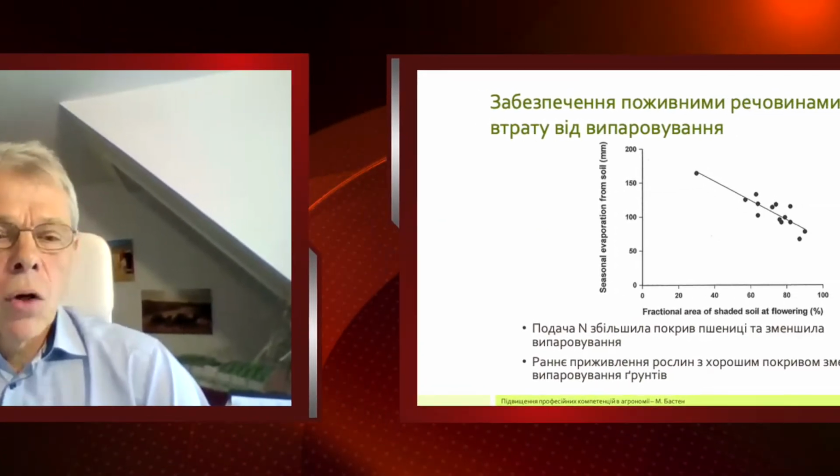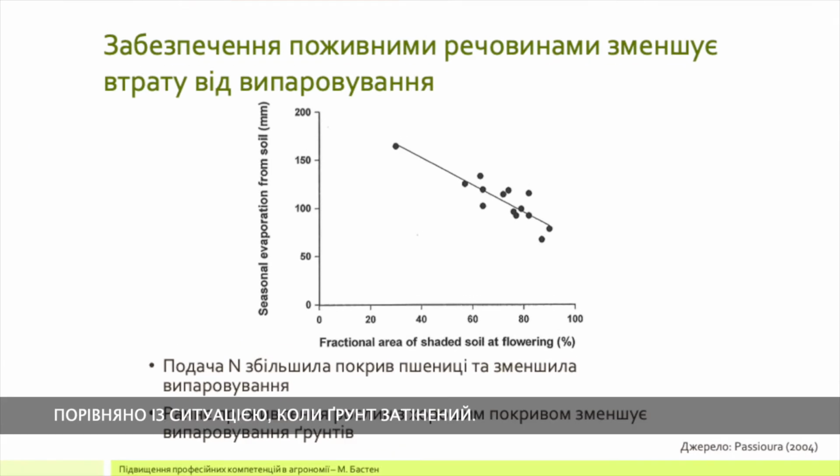So if we have these temperatures today and we still have open soil, we will lose much more water by evaporation from the soil compared to a situation where we have the rows closed already, the soil shaded. And of course, the temperature doesn't increase so much at the soil surface, and that contributes to less evaporation.